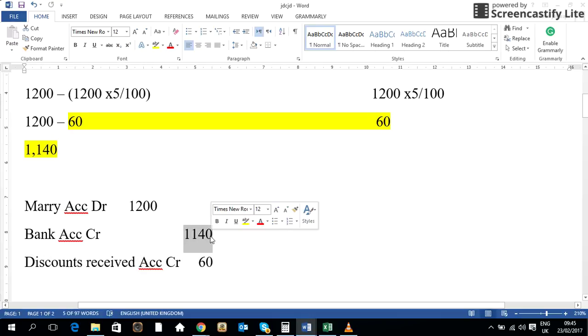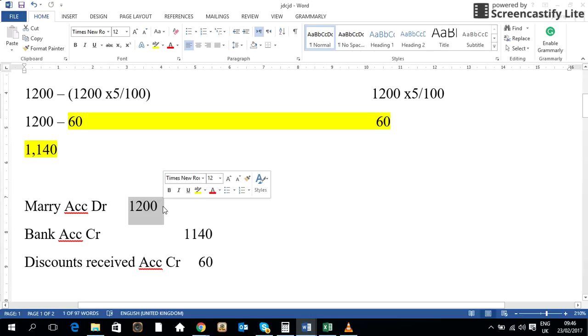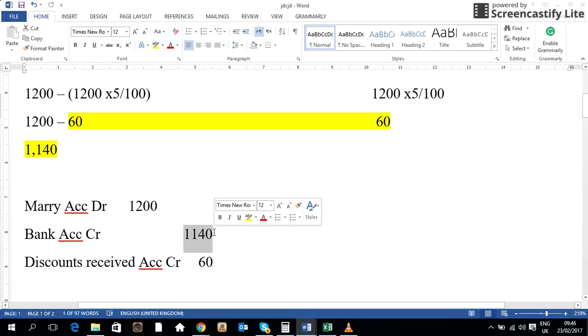This 1,140 and 60 gives a total of 1,200. So you're not paying the total amount of 1,200 because the firm has received a cash discount of 60. So the rest will be paid by check, which is worth of 1,140.